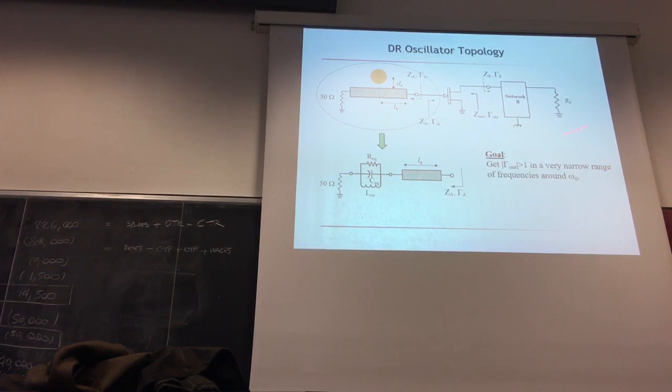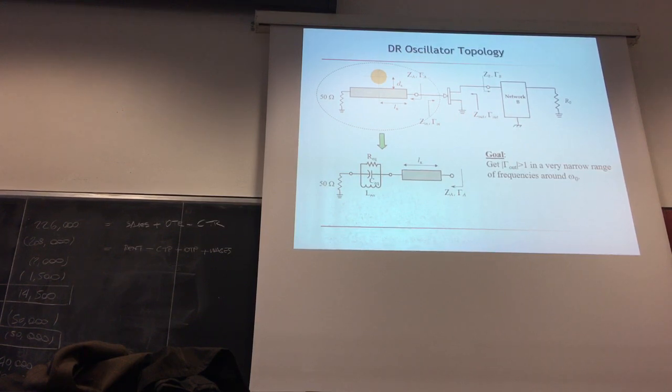This is the classical configuration of the oscillator, with the input network A. We are using what we have seen before, that is a transmission line closed on 50 ohm. When there is no coupling to the dielectric resonator, we see here a matched load, that is gamma in equals 0, and what we have to do is to have a device which, with gamma S equals 0, doesn't have gamma out larger than 1.